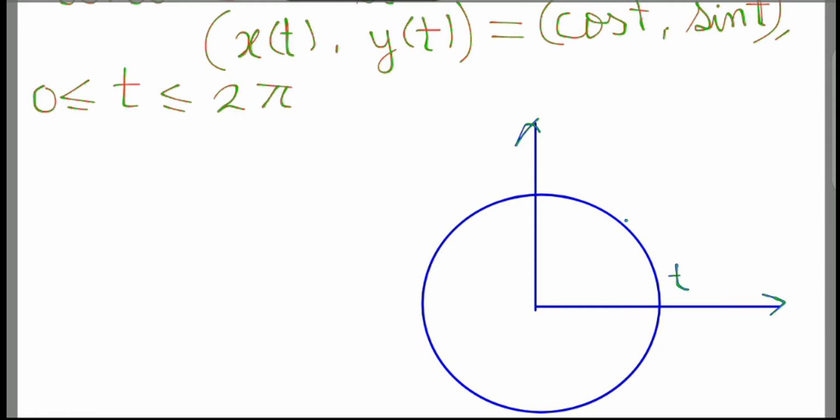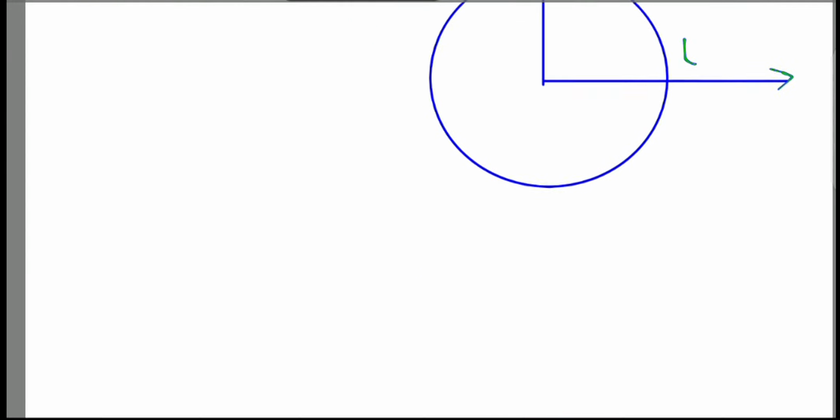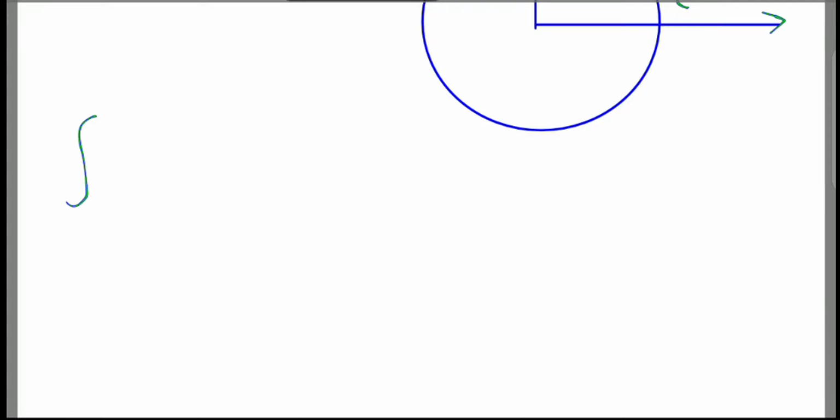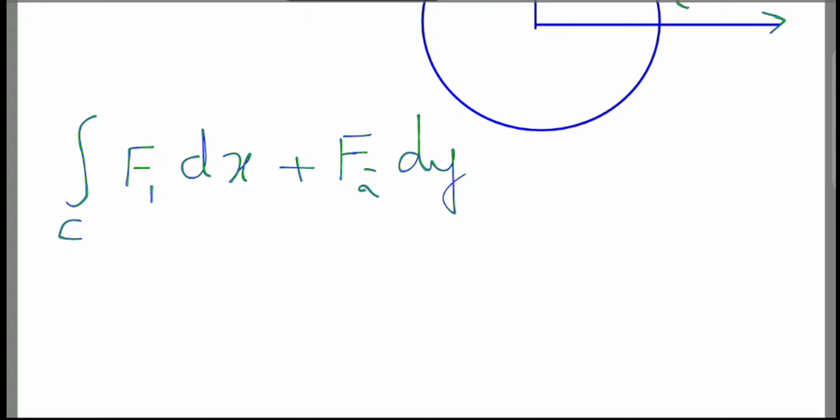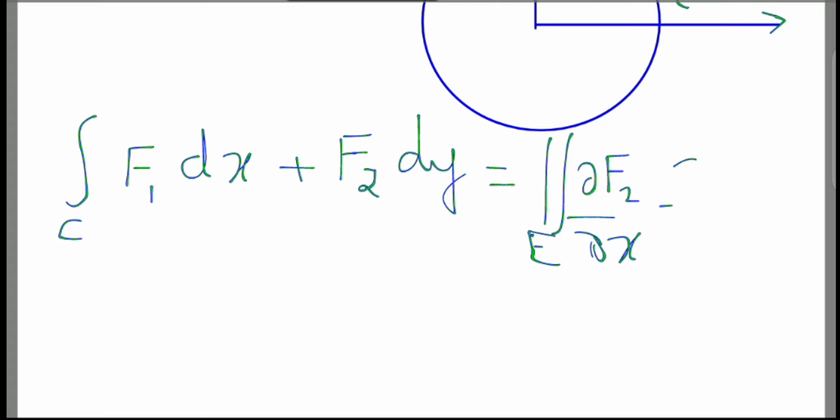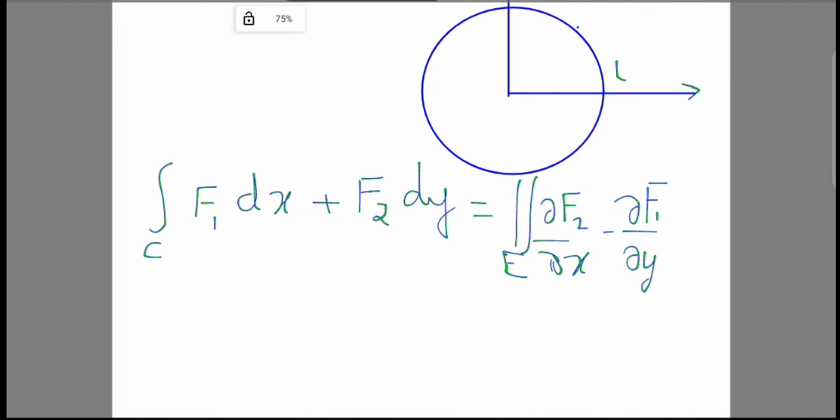Then let's write the formula corresponding to Green's theorem. If we want to verify Green's theorem, we are supposed to verify this formula: the integral over a closed curve of f1 dx plus f2 dy is equal to the double integral over the region of del f2 del x minus del f1 del y, dx dy.